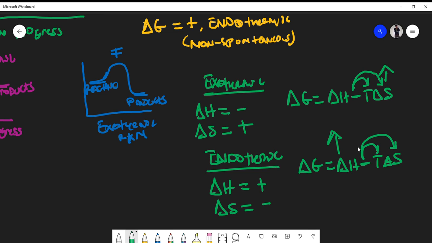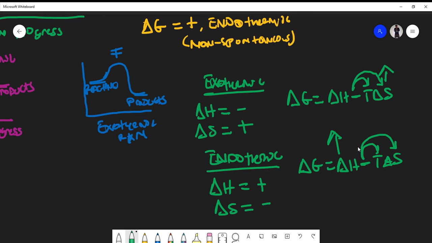And so essentially what we're really getting is a positive number. So delta H becomes positive, whereas our distribution allows T delta S to become less negative. And so essentially we would get a positive number, and so that constitutes an endothermic reaction.